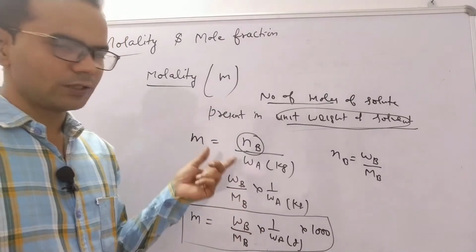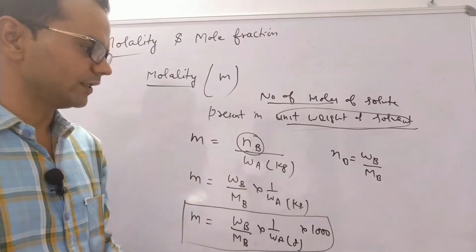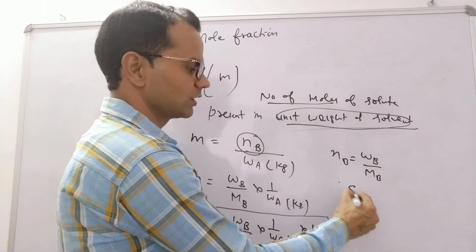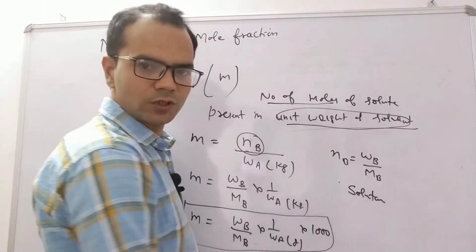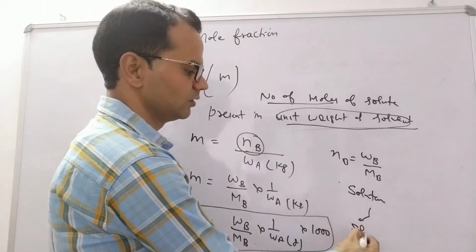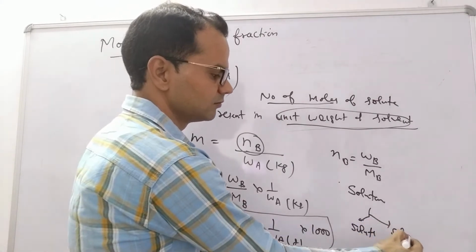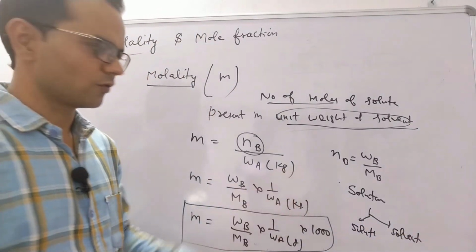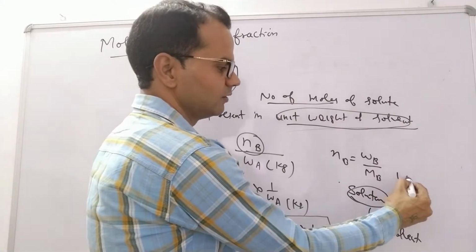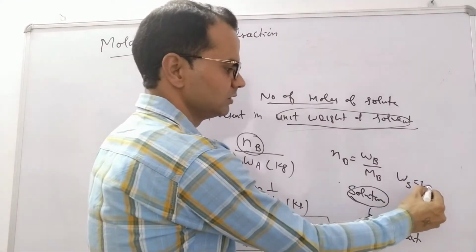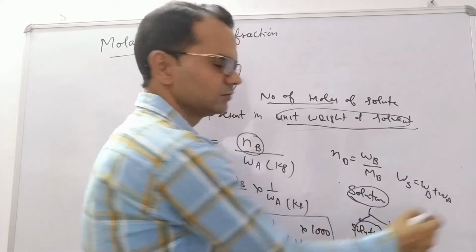Sometimes there is no direct weight of solvent, so how do we find it? As we know, a solution contains two components, solute and solvent. So weight of solution will be WS equal to WB plus WA.